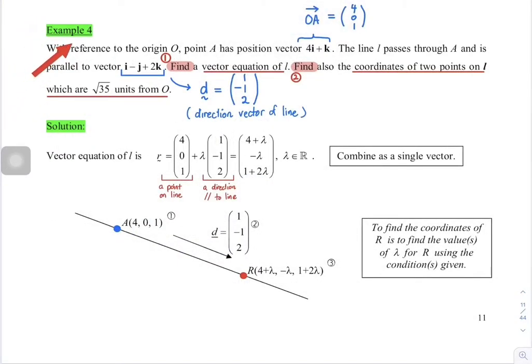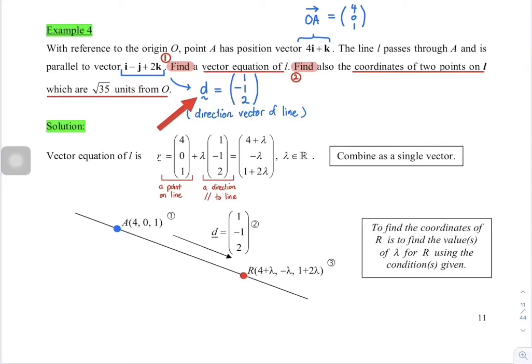Alright, in example 4, we are supposed to find a vector equation of a line L. The line L passes through the point A. The point A has the position vector 4, 0, 1. And the line L is parallel to the vector 1, negative 1, 2.